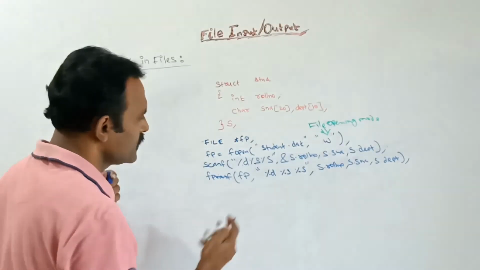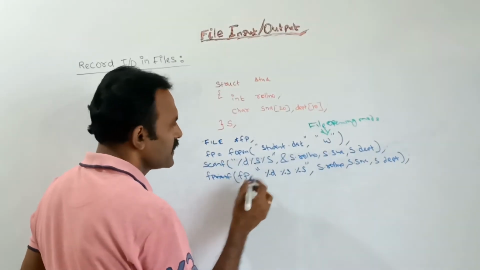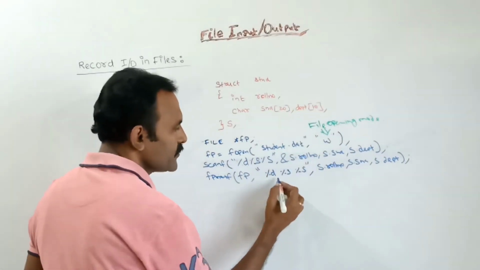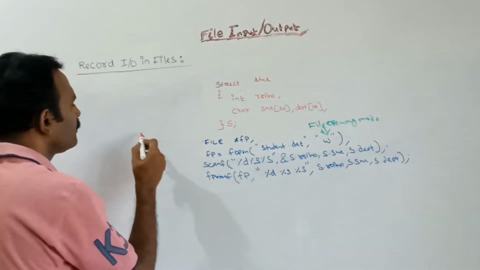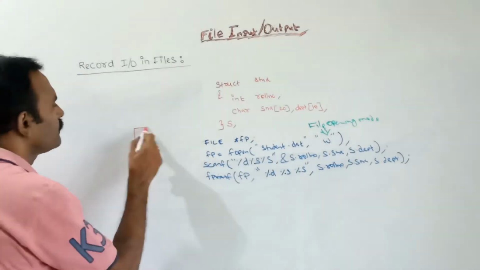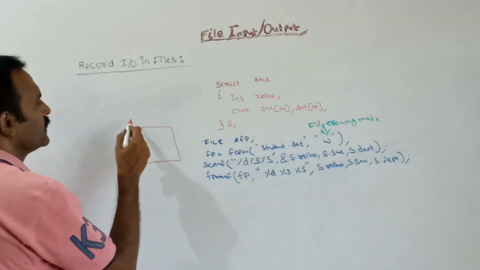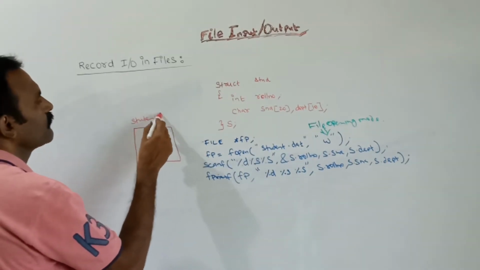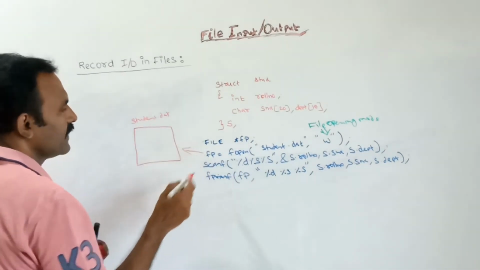The main thing is, when we are writing the content to the file using fprintf, you should use one space. Only then, while reading, will it work. In this step, fp is equal to student.dat, it will create a file.